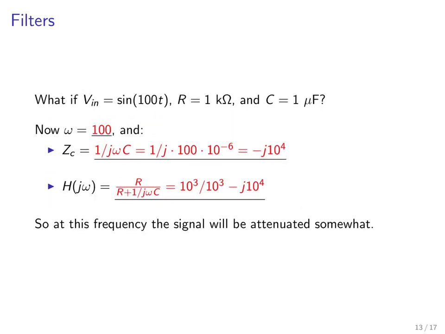If we look at some point in between, say omega is 100, right? Let's say that R is 1 kilo ohm and C is 1 microfarad. Then we have that this frequency is 100, and we can actually calculate what the impedance of the capacitor is at this frequency, and plug that in and get the transfer function at this frequency.